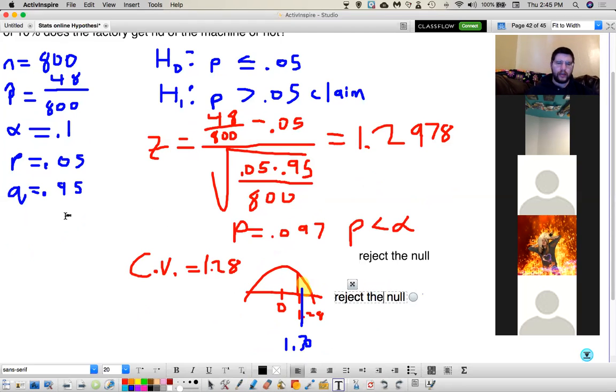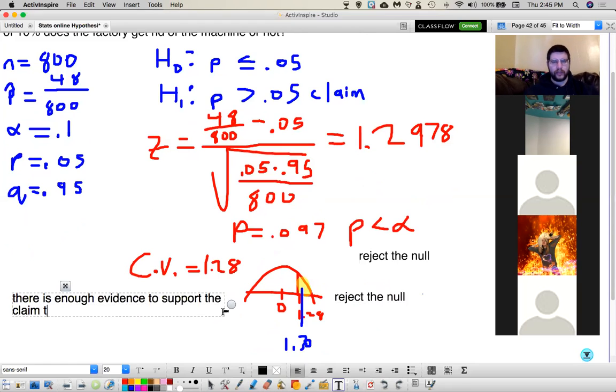Since we reject the null, the claim, the alternative, hopefully you know by now what that means, is enough evidence to support the claim that, what was the claim again? I forgot.